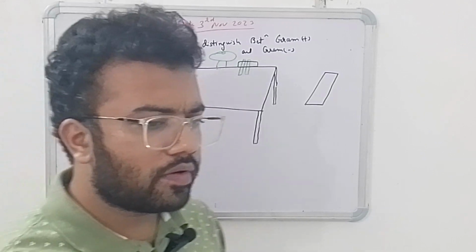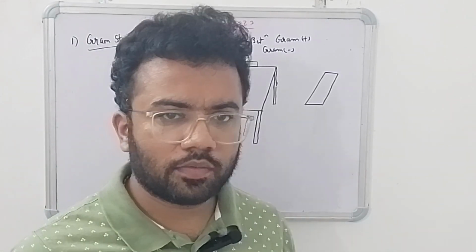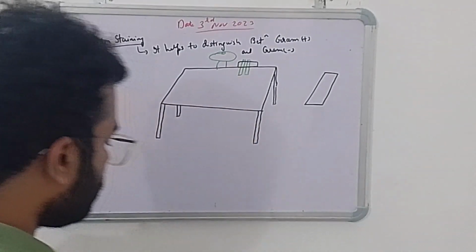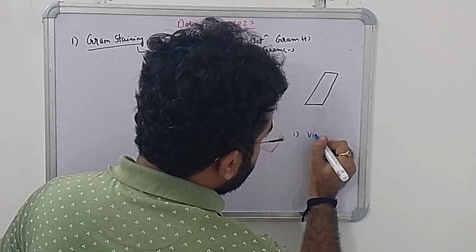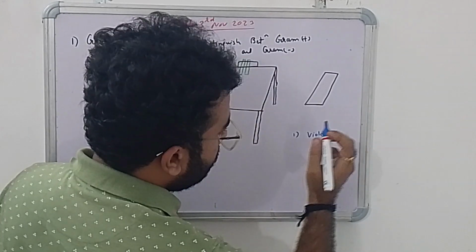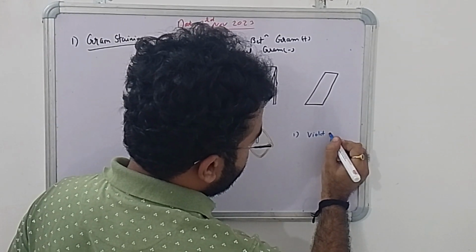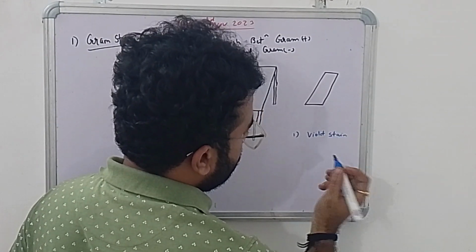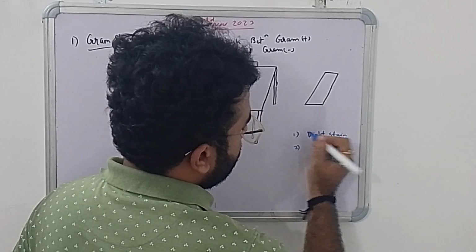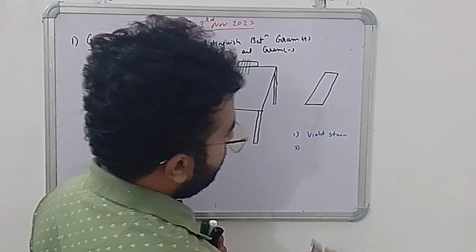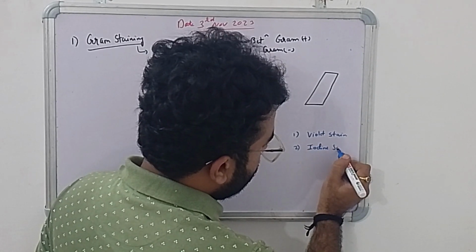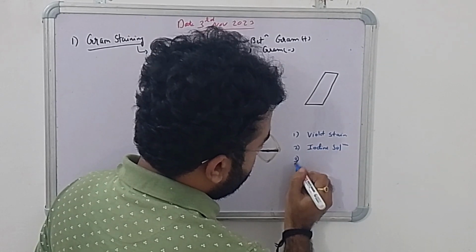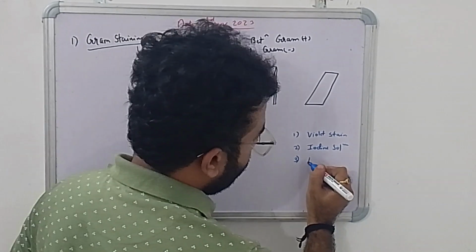I am writing here what solutions we will basically use in the whole gram staining procedure. First of all, you will use crystal violet stain. Second, you will use iodine solution. Third, you will use acetone for decolorization.